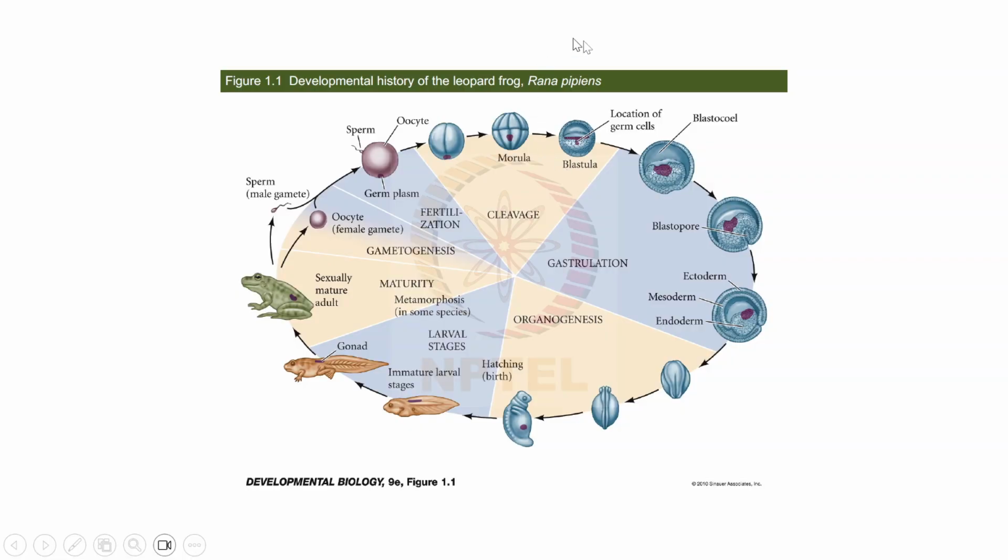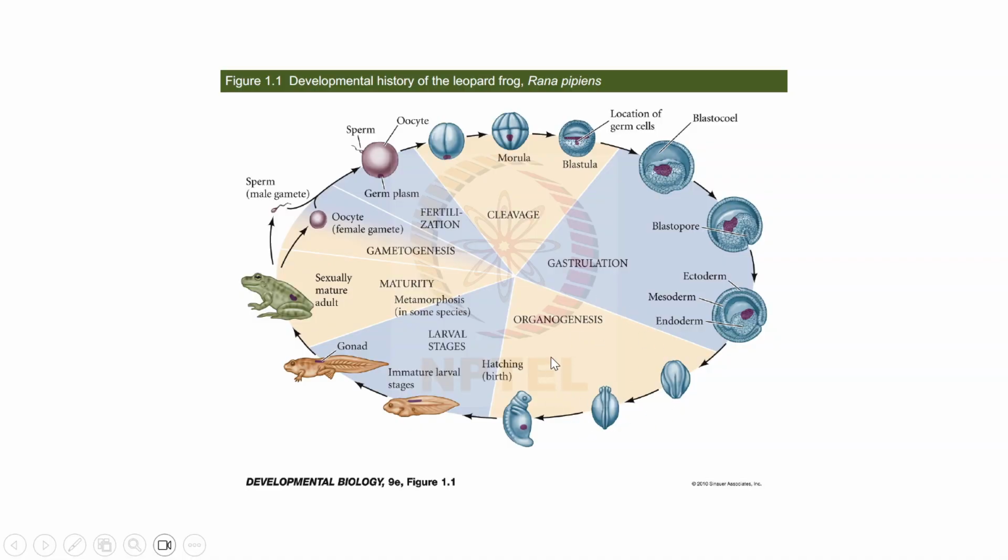So, if we go by the developmental history of the frog, Rana pipiens, basically the leopard frog. Obviously, the sperm and the oocyte first fused. They came from a sexually mature adult, and when they fused, they gave rise to a zygote. That zygote then underwent many different stages of development: the morula, the blastula, gastrula.